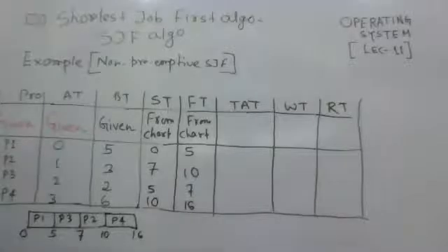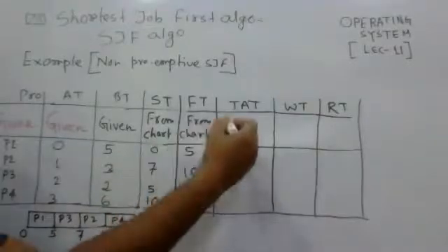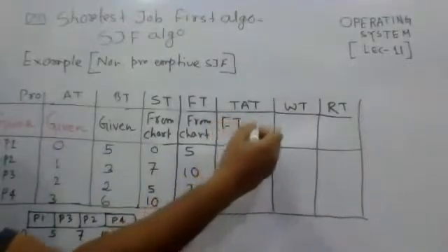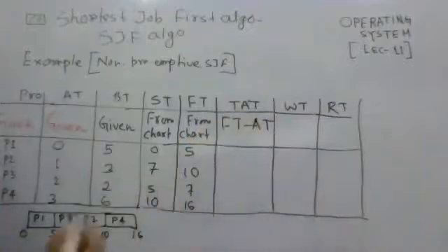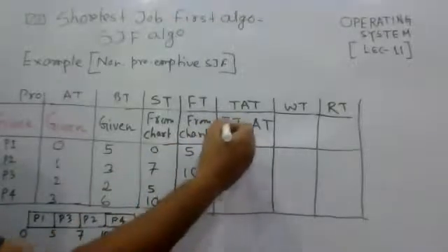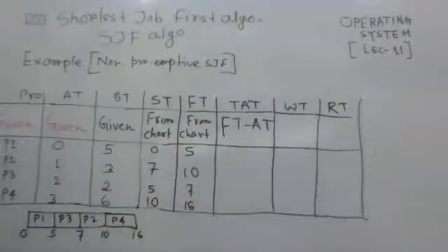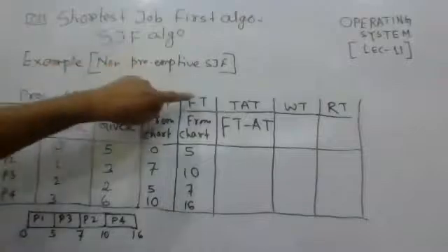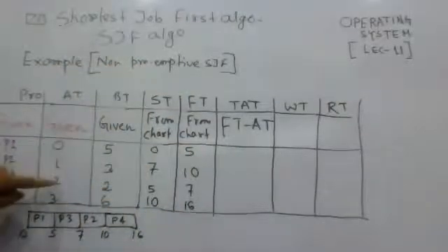Now, turnaround time. In case of turnaround time, we have a formula. Turnaround time is nothing but finished time minus arrival time. So use this column and this column, and you can easily calculate the turnaround time.